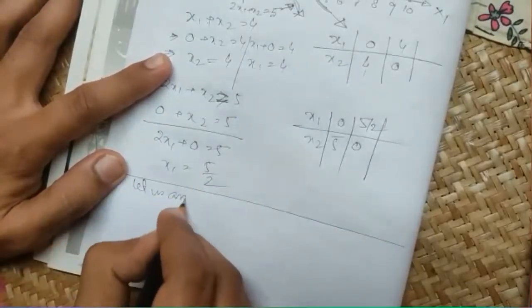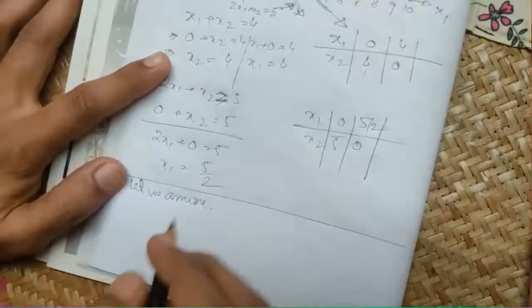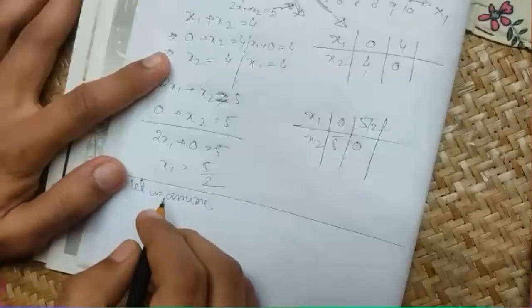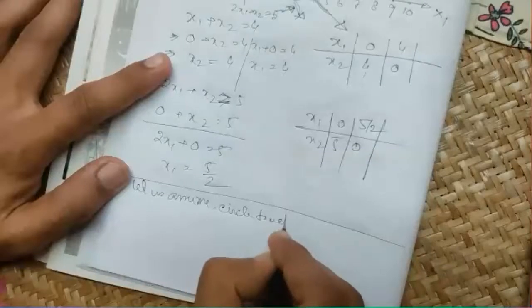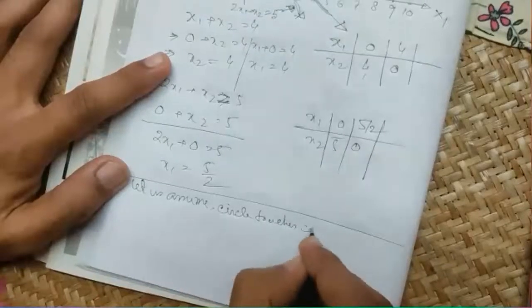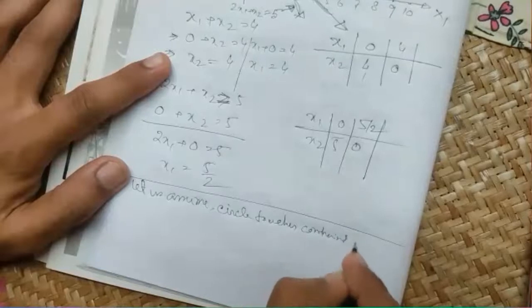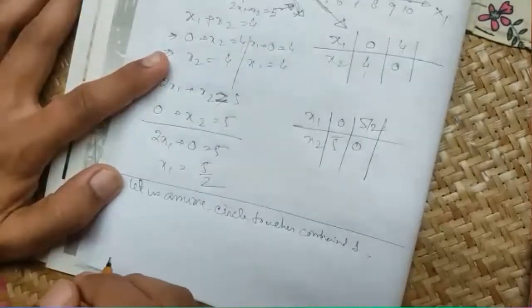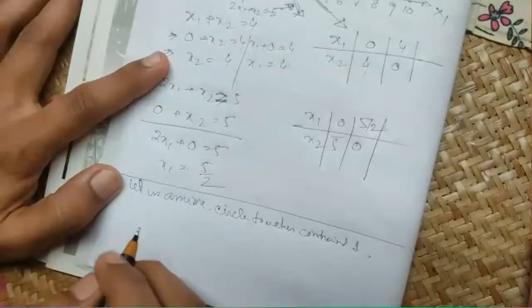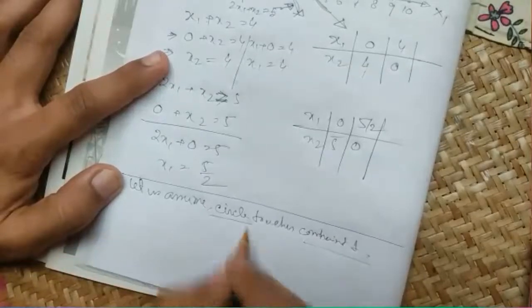Let us assume that the circle touches constraint 1. In such a case, the gradient will be the same for constraint 1 and the circle.